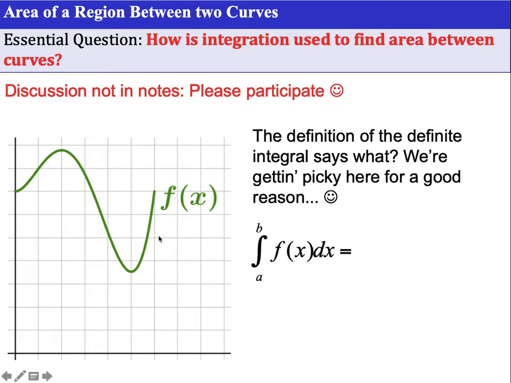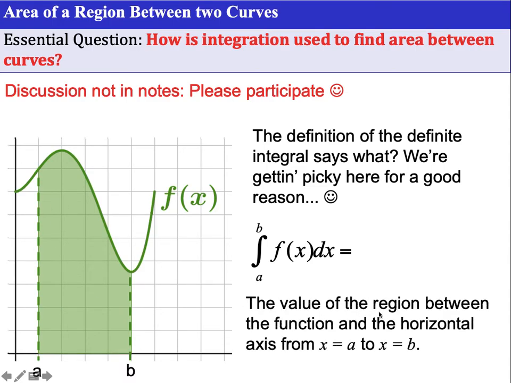If we take the definite integral, integrating the function f of x between a and b, the definition says this value captures the area between the function and the horizontal axis. That's that green region. So the value of that region is the value of that definite integral.